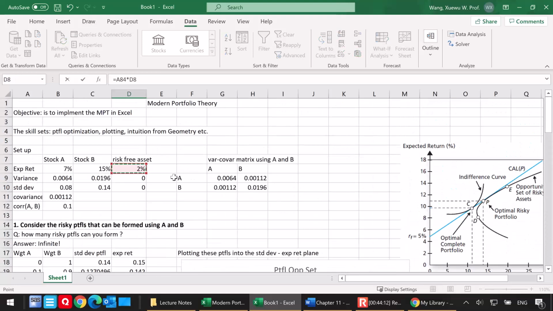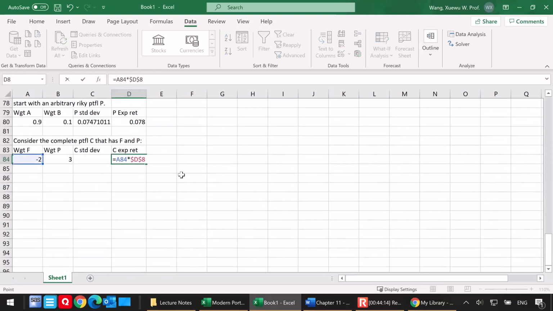Then I take the risky portfolio weight multiplied by the risky portfolio expected return, which is 7.8%. If I invest in this manner, I of course get very high returns. Why? Because I'm using leverage.